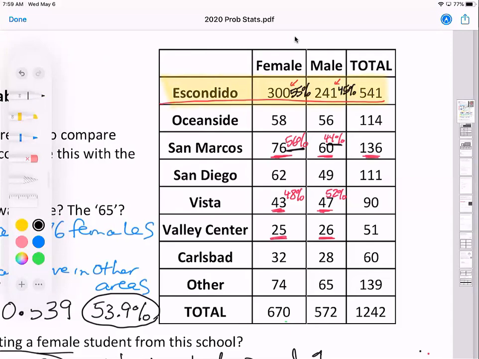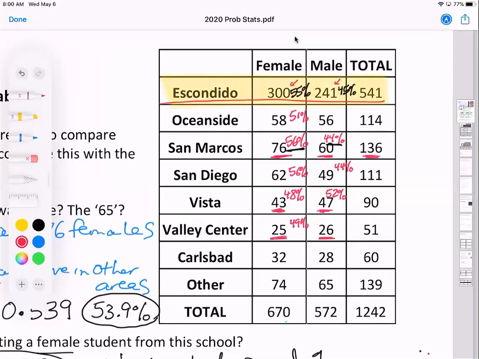And if we do the same thing with San Diego, there's 56% and 44%. So San Diego has about the same disparity of males and females from their location. Oceanside, those look really, really close. I don't think that's a 51%. Valley Center, 25 divided by 51 is 49%.